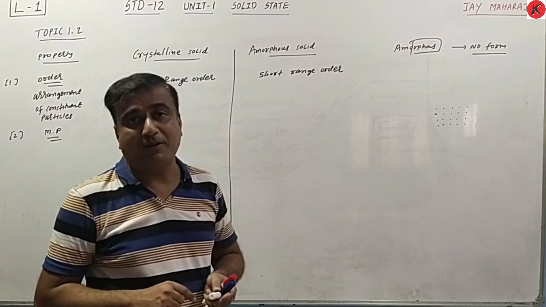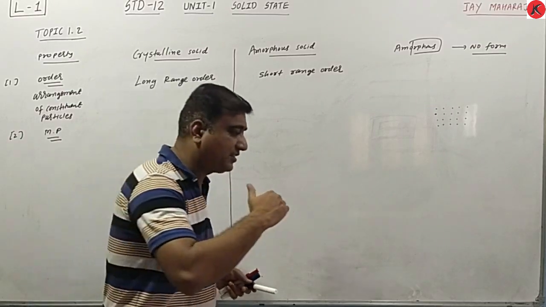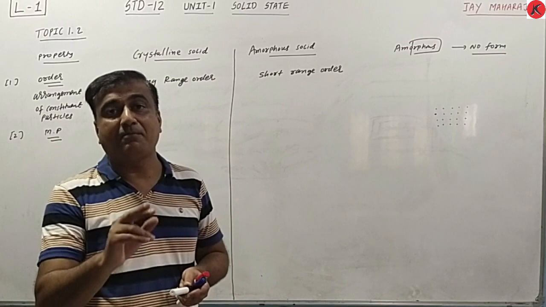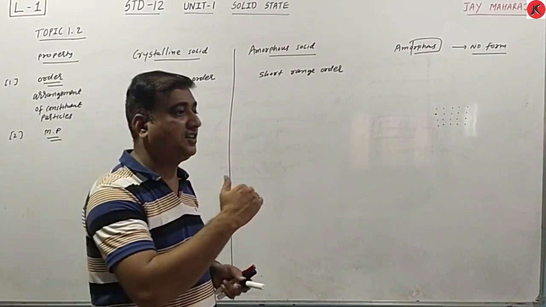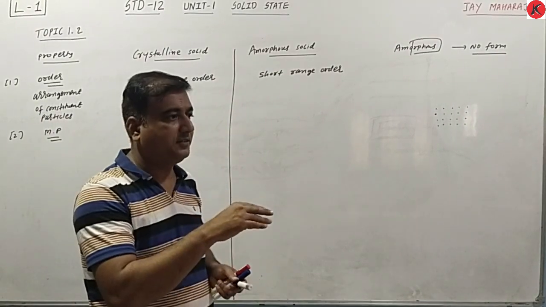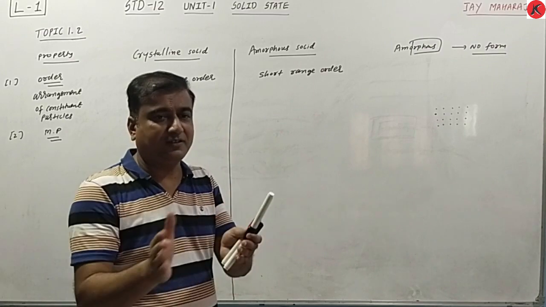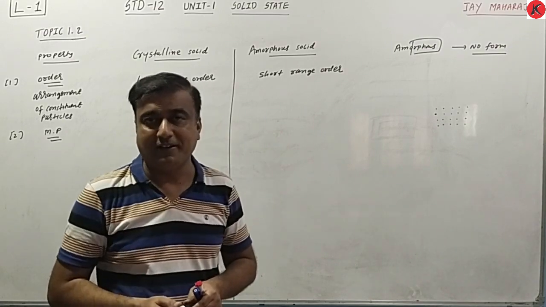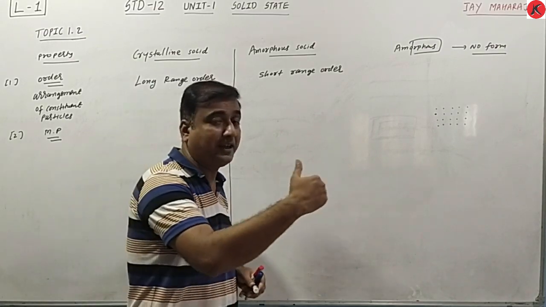In case of amorphous solid, not a fixed temperature, a temperature range. That means if this substance is an amorphous solid, then it melts over the temperature range.